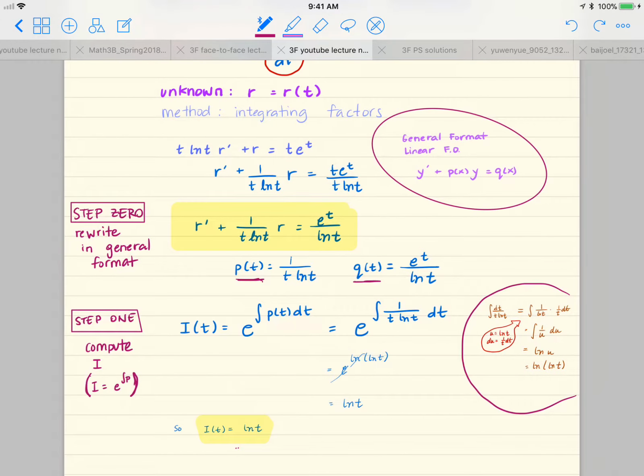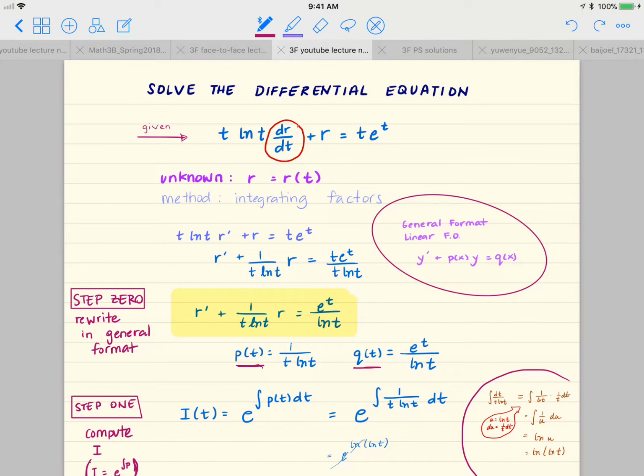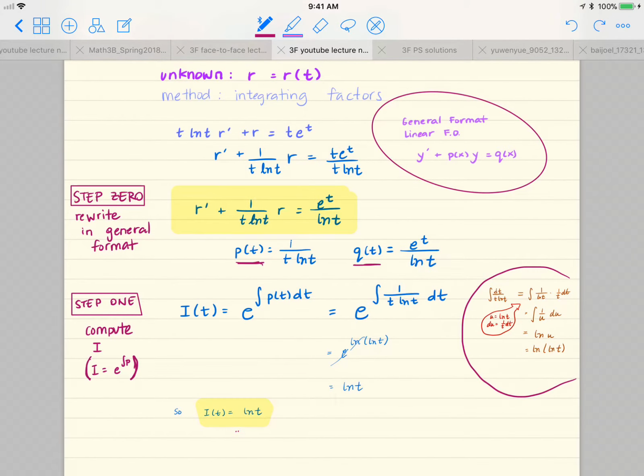You've got your step 0, which is to rewrite your given differential equation in general format. Step 1 is to compute your integrating factor, and we've got a formula for that.